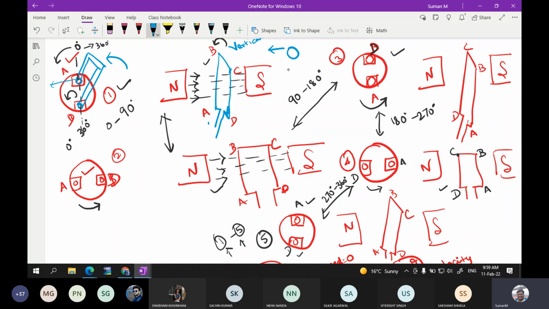B is going to rotate like this. So A is here, B is here. A is going to rotate in this direction and B is going to rotate in this direction. Okay, sorry, just a minute.